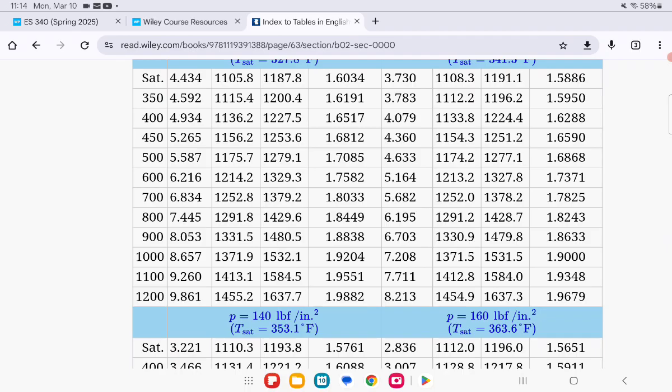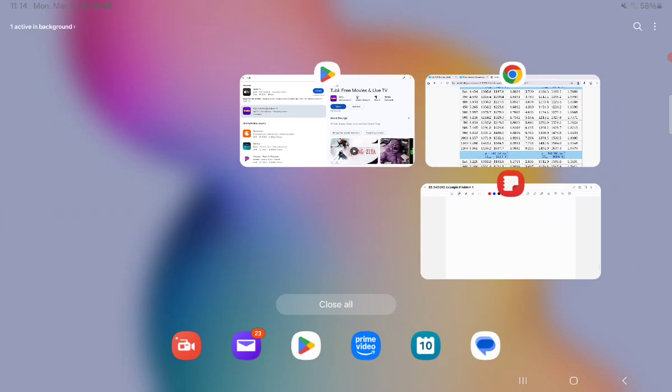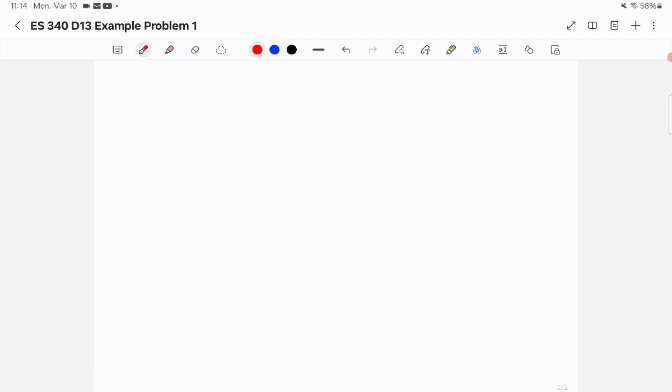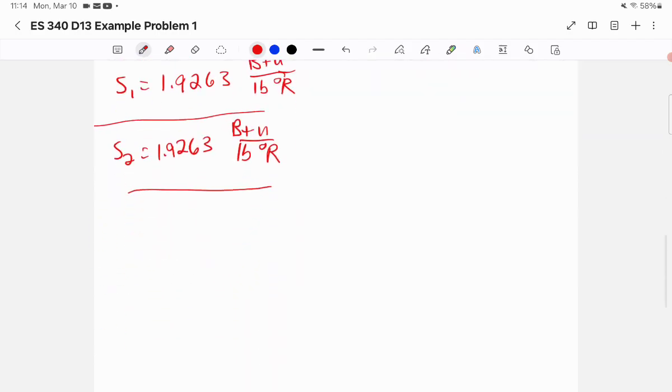So I will take a note of that. I have them written separately here, so I can go find that. So I'll just call them A and B. So TA was equal to 1000 Fahrenheit. TB was equal to 1100 degrees Fahrenheit.